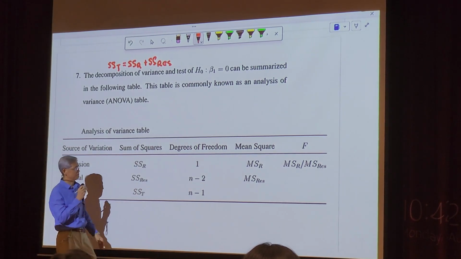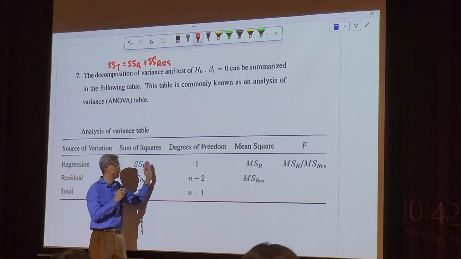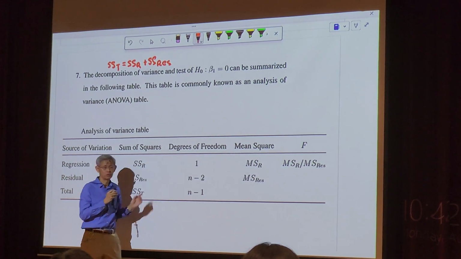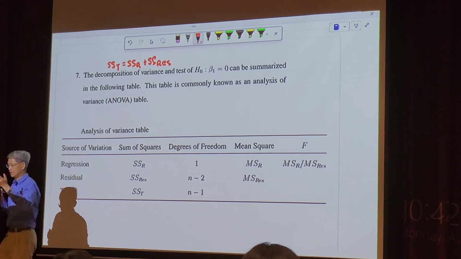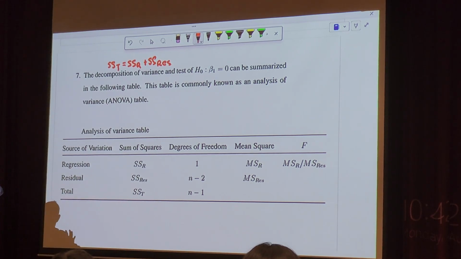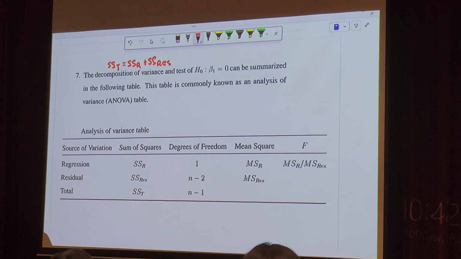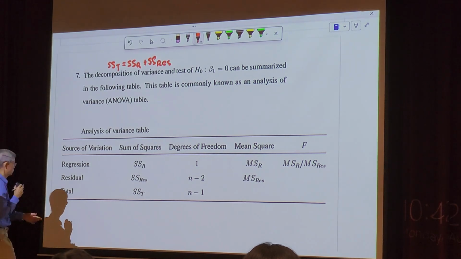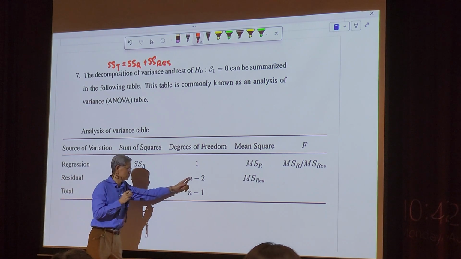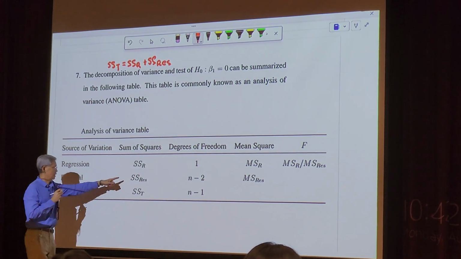And then the degrees of freedom, 1, n minus 2. You know, for the simple normal model, y bar minus mu, over s over root n, is t with n minus 1 degrees of freedom, right? Here it is n minus 2.